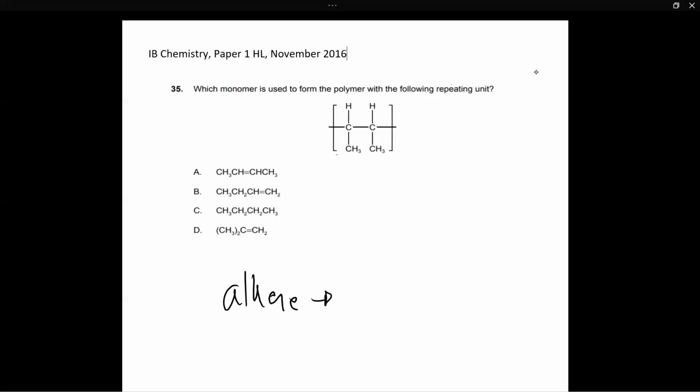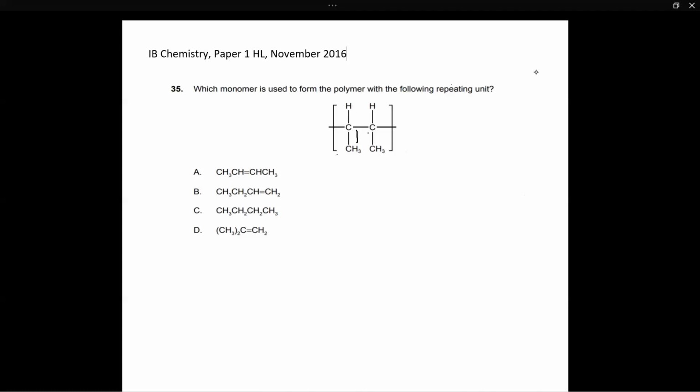And this alkene is considered the monomer to make a polymer. So which alkene is responsible for this? Well, in order to find out, it's actually really, really simple. Just put a double bond here. That's it. Just put a double bond here.